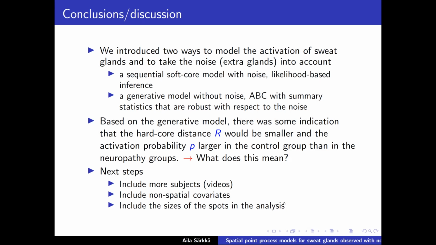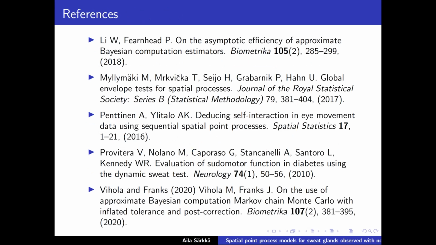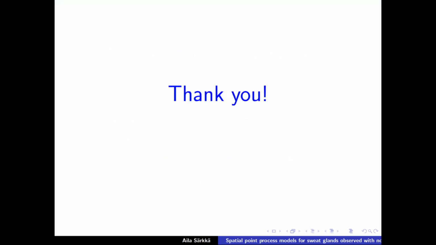Also, we haven't looked at the size of the sweat spots at all. We started only by looking at the locations of the sweat spots, but not the size, and this would be something that could be included in the analysis. And I think there are some references, and I just would like to thank you.